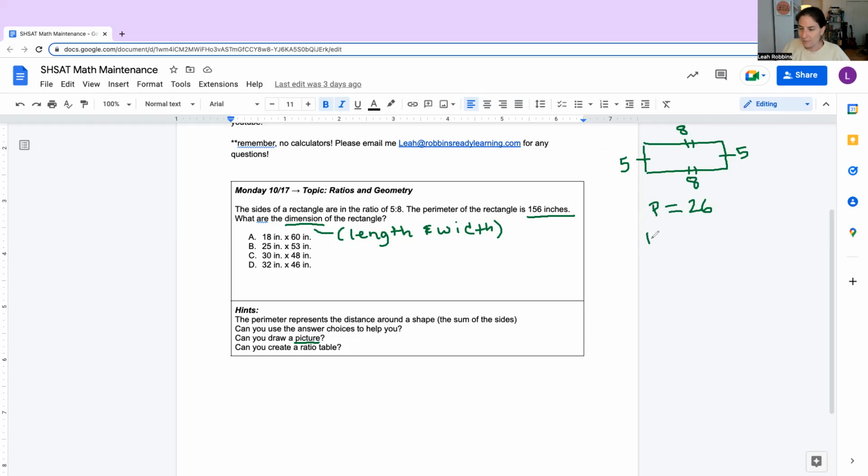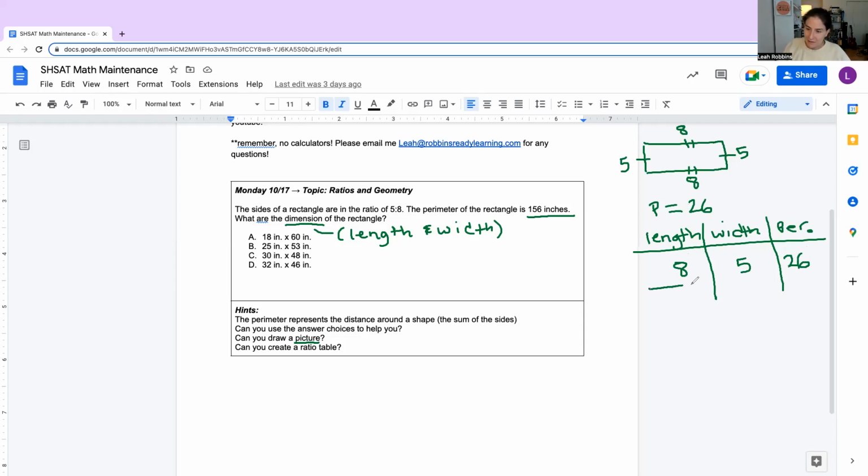We've got the length, the width, and the perimeter. I'm just going to write PER. I'm going to create my table to compare. If, let's say, my length was 8 and my width was 5, in this case, my perimeter would be 26.